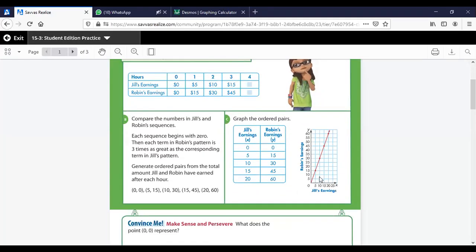Now let's go back to the book. As you can see here, they did what we did. They start by writing the ordered pairs. After they wrote the ordered pairs, they graphed them as you can see here.